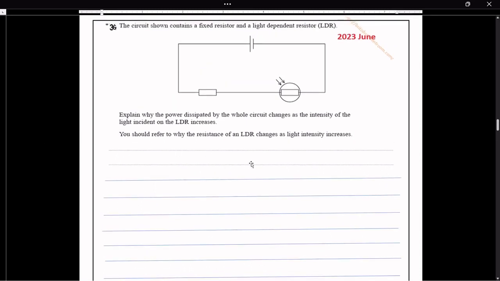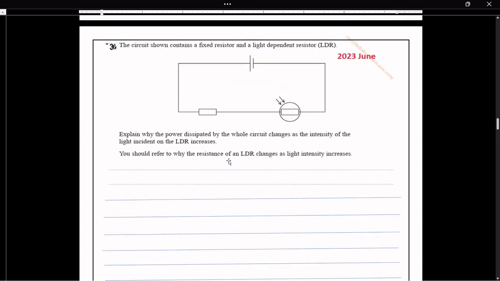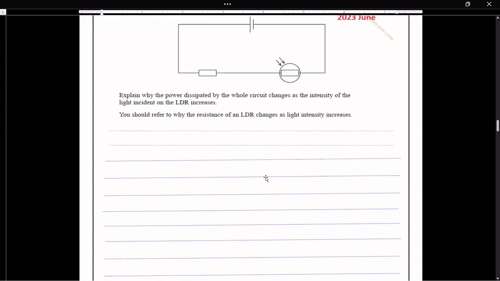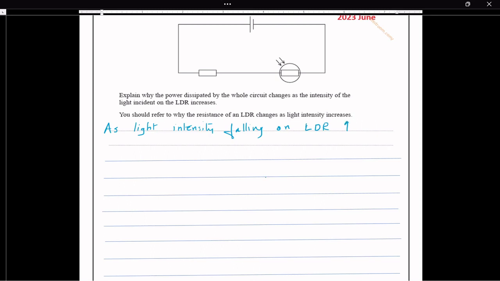So let's start with the light intensity. As the light intensity falling on the LDR increases, what's happening?